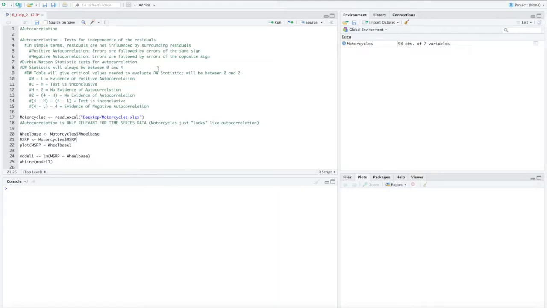I don't have a picture of it here right now, but to find your critical values, you're going to use the number of observations in your data set, which is n, and the number of independent variables, which is k, and see where k and n intersect on the table. Those two values at that point of intersection are the critical values that you'll use for the Durbin-Watson test.